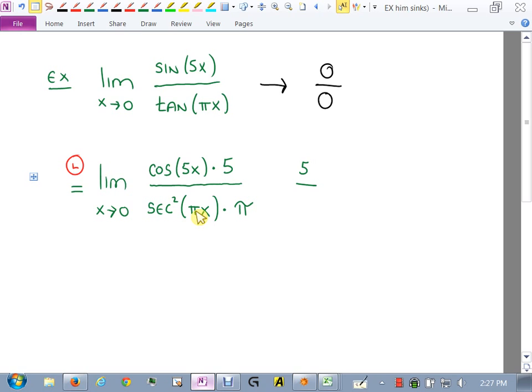What is secant of 0? It's the same as 1 over cosine 0, isn't it? What's cosine 0? 1. So 1 over 1 is 1, and then square it. 1 times pi, and you get pi. 5 over pi.